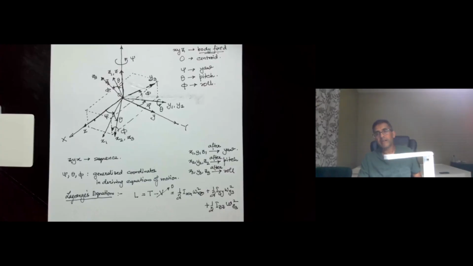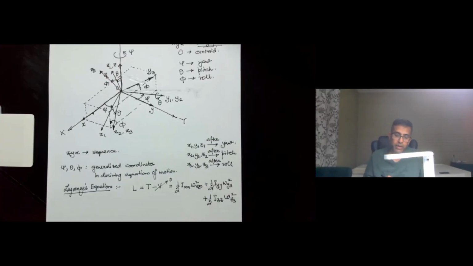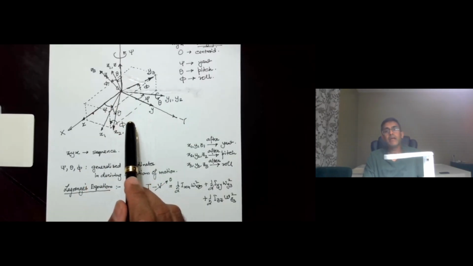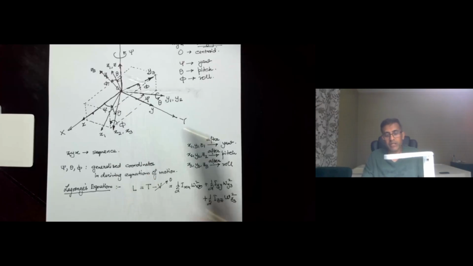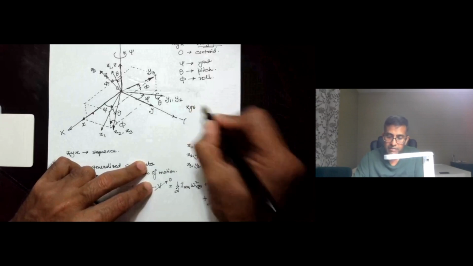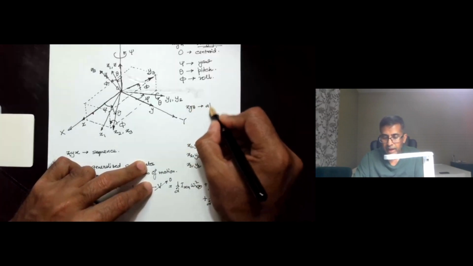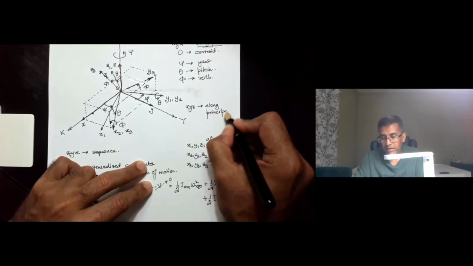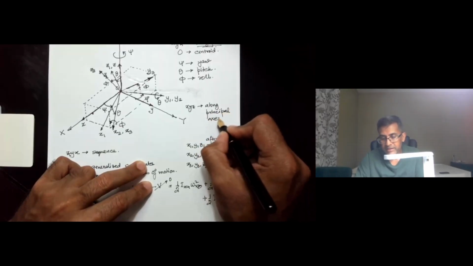Now, the kinetic energy expression becomes quite simple because we are considering the body fixed xyz to pass through the center of gravity, and they're also the principal axes. So body fixed and xyz along principal axes.